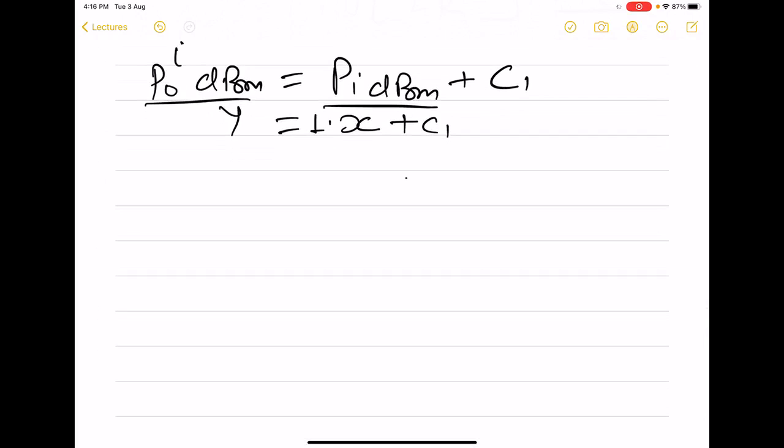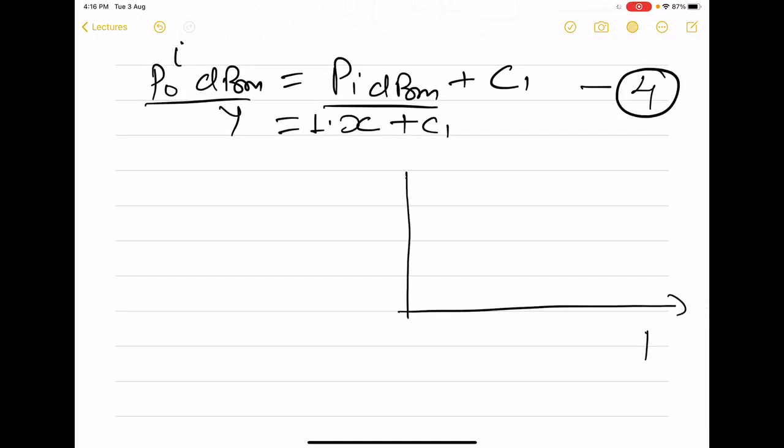So now if you make a plot of this equation 4, this is with respect to input power in dBm. Here we see a straight line with slope equal to 1.